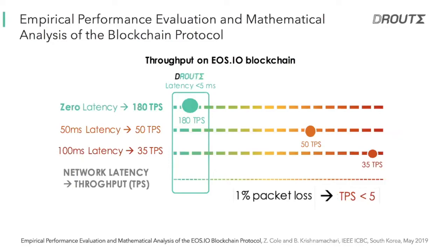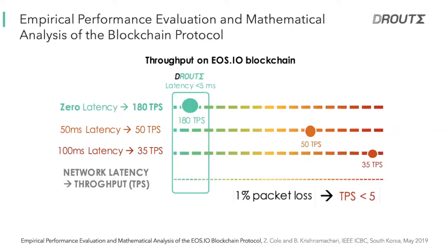Once they simulated a latency or increased the latency, because this is in a test lab, to 50 milliseconds, the TPS fell down to 50 transactions per second. And at 100 milliseconds, it fell down to 35 transactions per second, right? And when they induced a packet loss of 1%, the TPS completely collapsed.